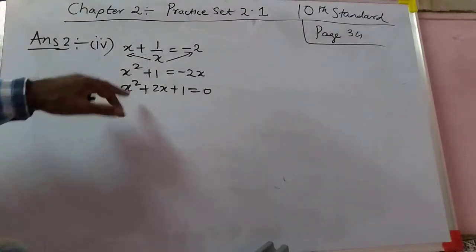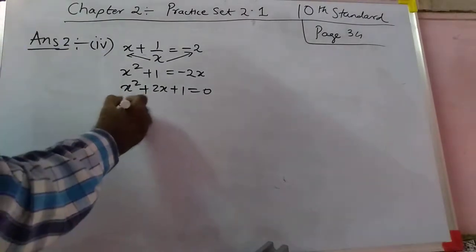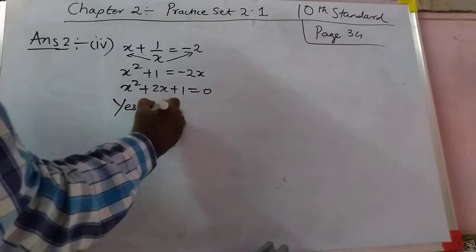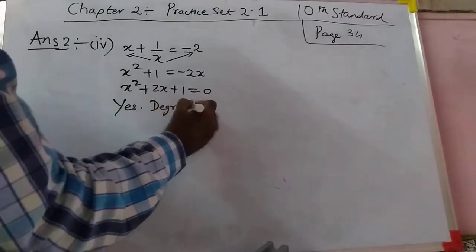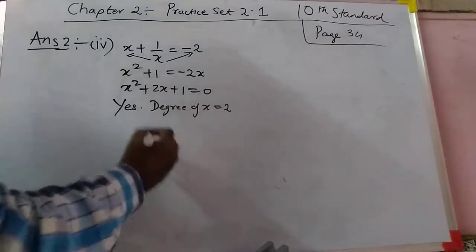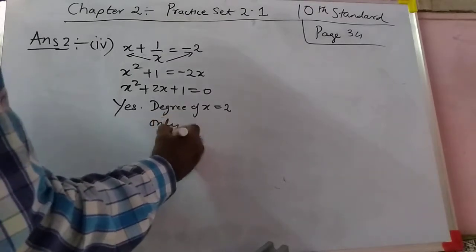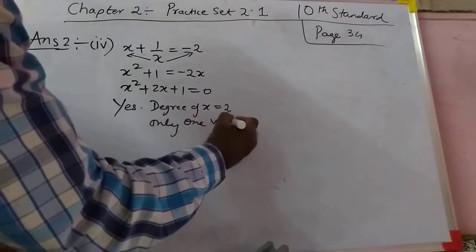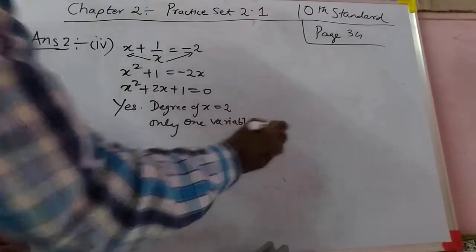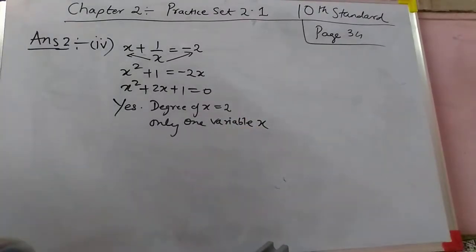So power is 2 and only one variable. So yes, because degree of x is equal to 2 and only one variable x. Okay, now we'll see fifth one.